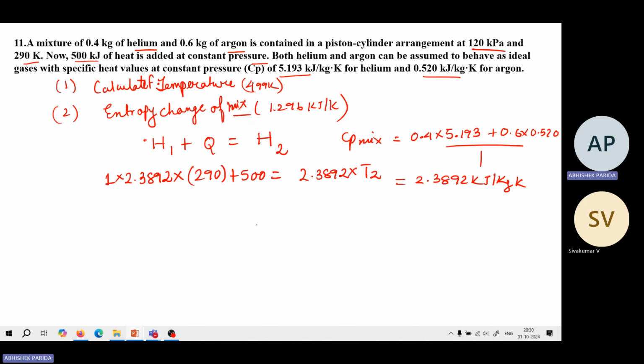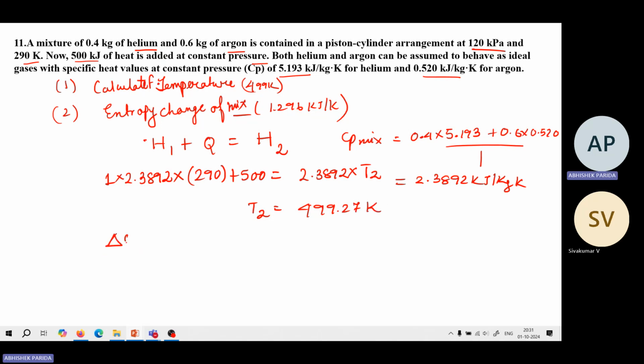So T2 that you get is 290 plus 500 divided by 2.3892, which is 499.27 Kelvin. Okay, I think that is correct.